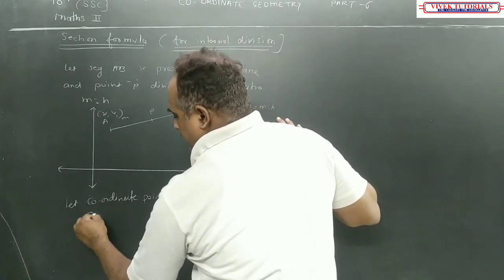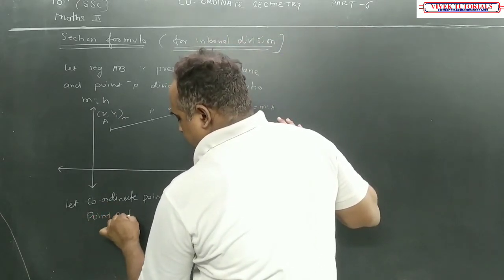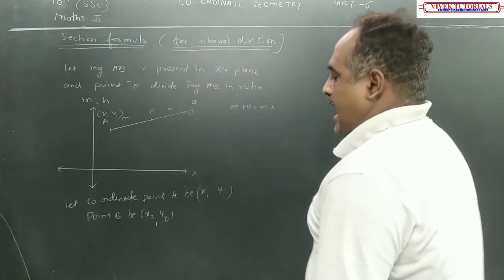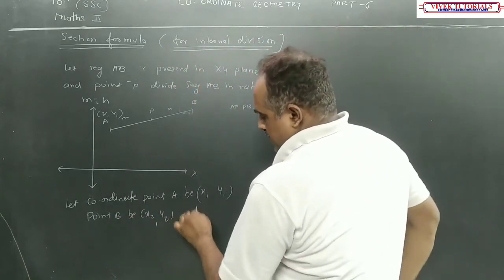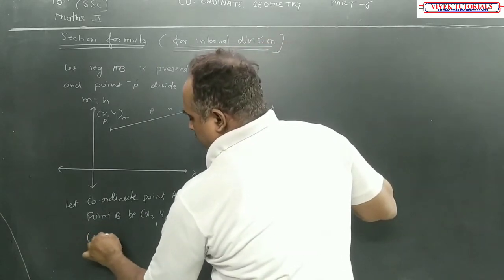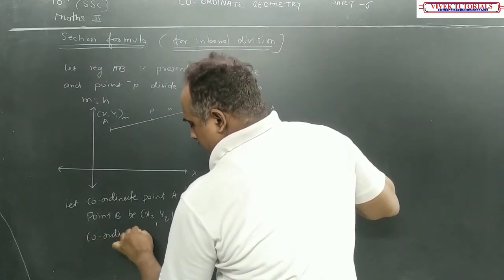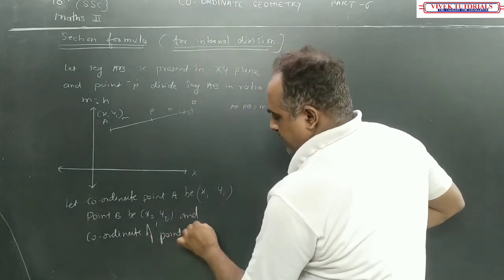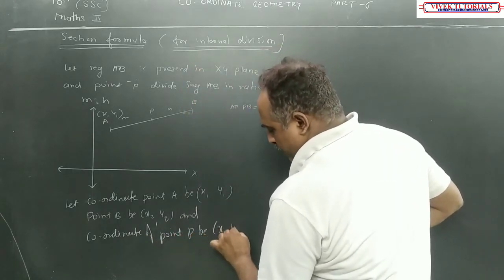Point B be x2, y2, and the coordinates of point P be x, y.